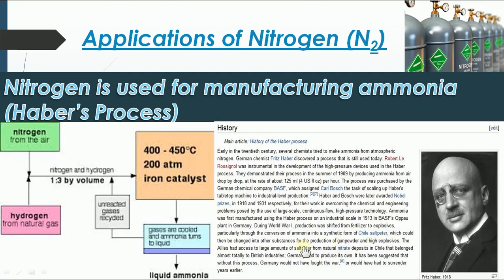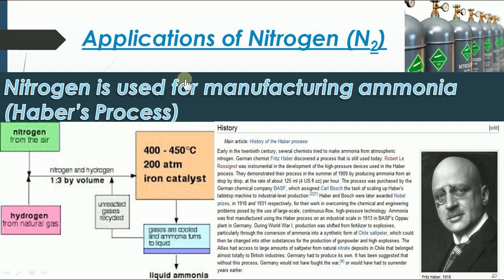Even this statement says Germany would not have fought the war, or would have had to surrender years earlier, if this process was not there. So if the Haber process was not there, World War I might have stopped. That is the understanding you should have.